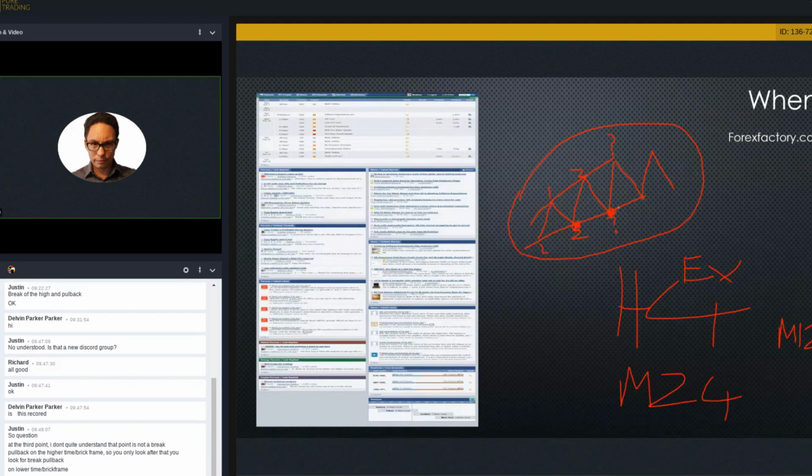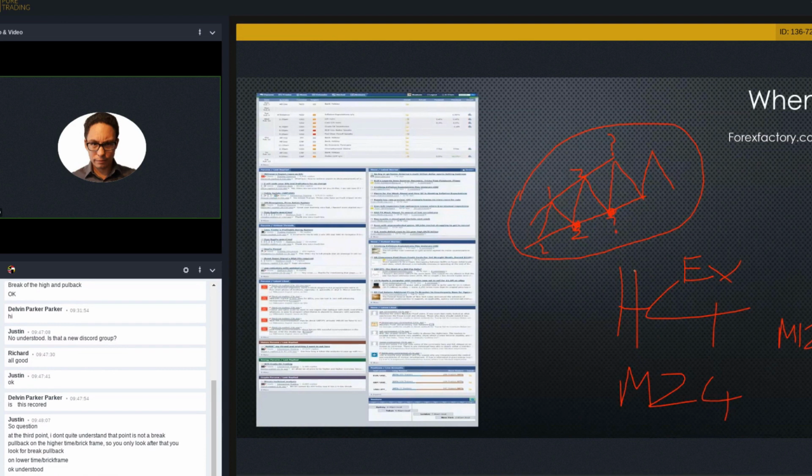So what I'm looking for is, firstly, on these higher time frames to draw the extremes, because that is the where. The what is on M3 and on lower time frames.